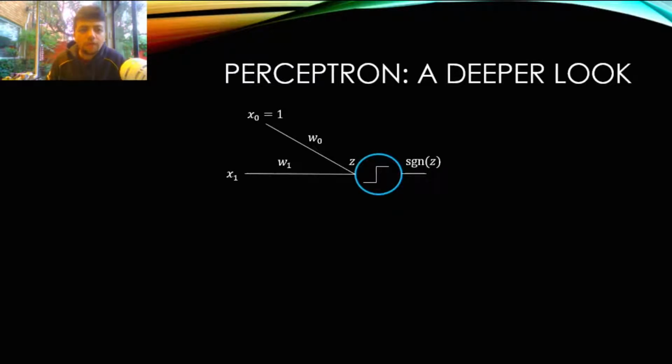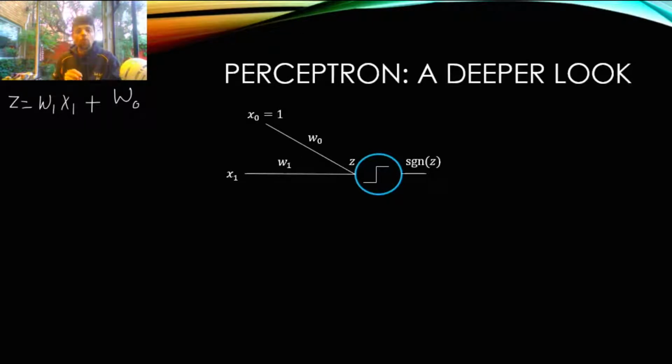We have Z over there, the linear combination of your inputs. That would be W1 multiplied by x1 plus W0 multiplied by x0, which is equal to W0.